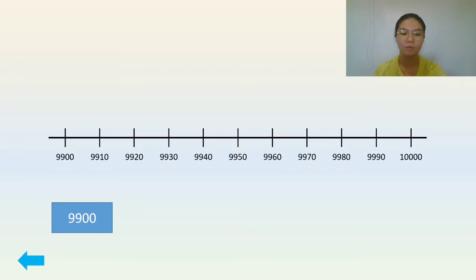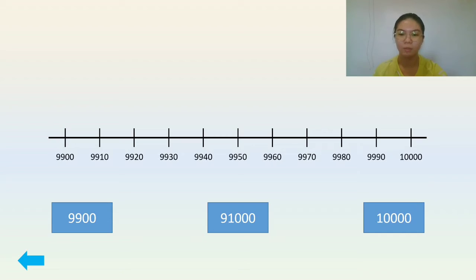I think some of you will get an answer like 9,900 or 91,000 because of rounding to the place given. And maybe most of you got the correct answer, which is 10,000. So maybe the person who got the wrong answer will ask why it is 10,000.